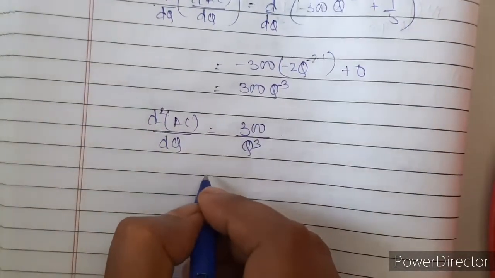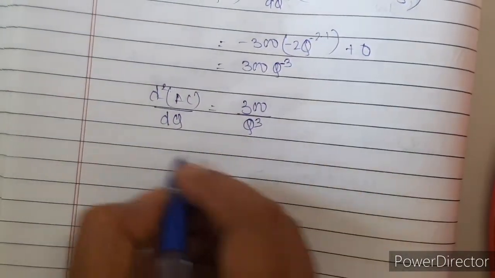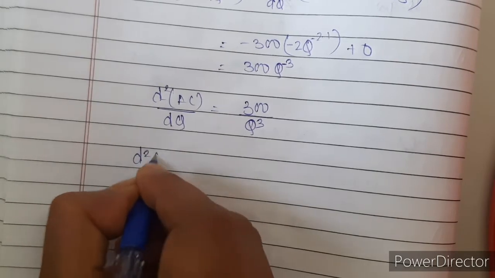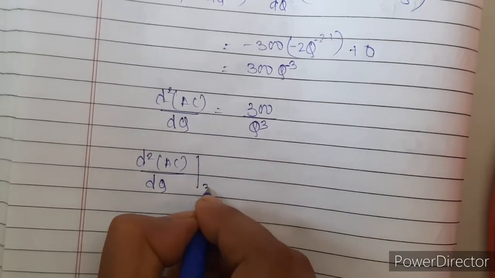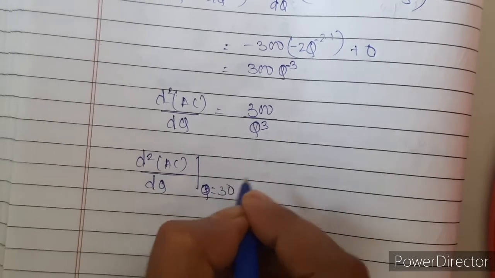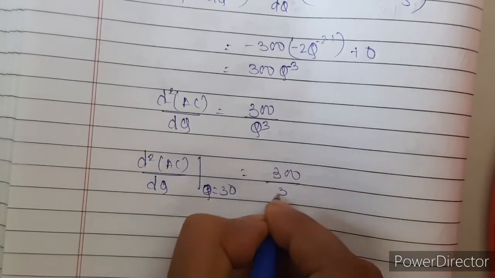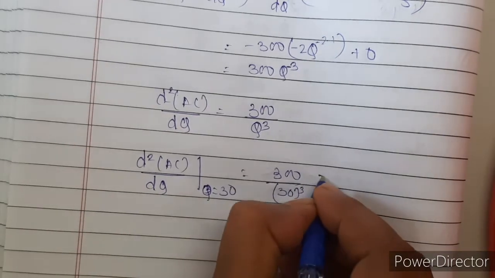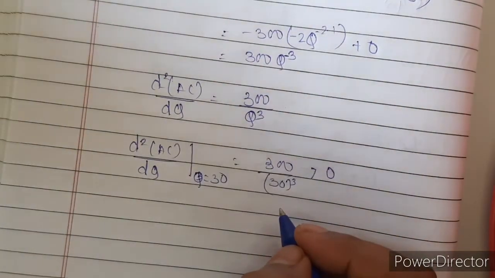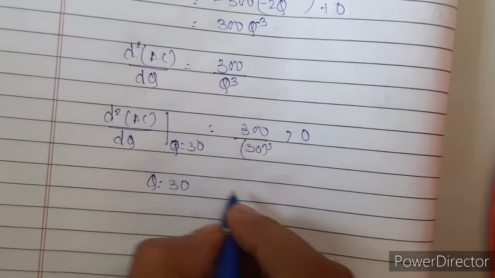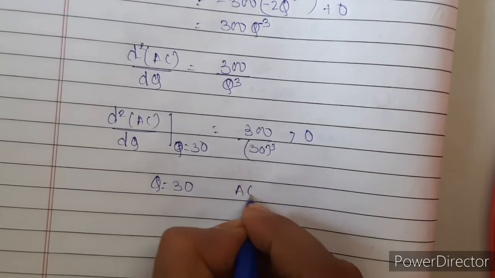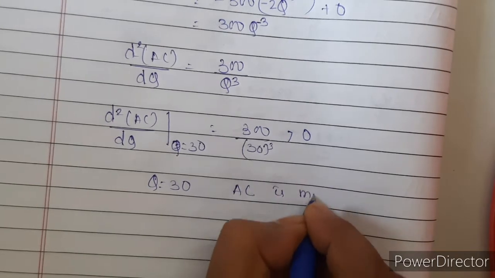Now we have to substitute 30 and check. If I am substituting Q equals plus 30, this will be 300 by 30 cube. Anyway, this is going to be greater than 0. So at Q equals 30, average cost is minimum.